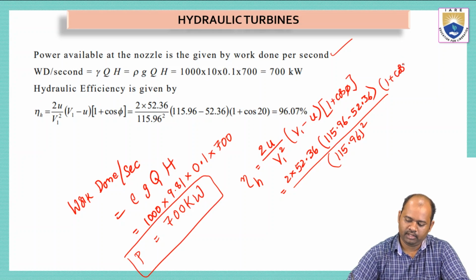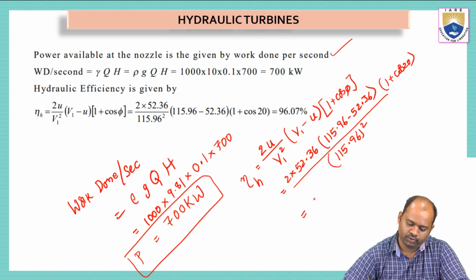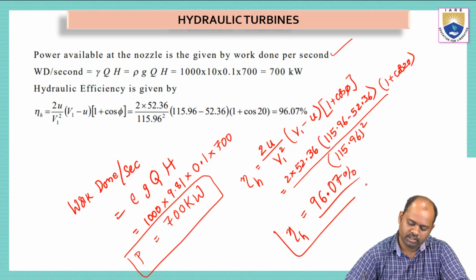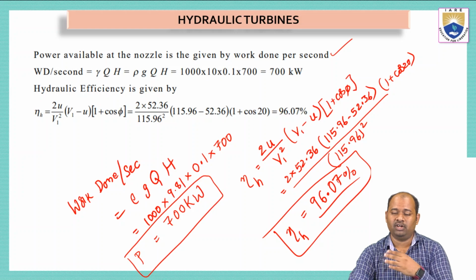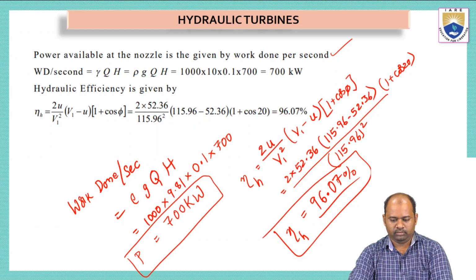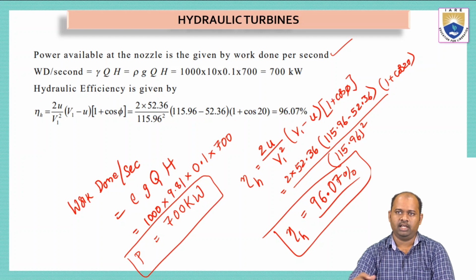So what is phi? It is 20 degrees, given in the question. So this value goes to 96.07%. So the hydraulic efficiency of this turbine is 96%. So 96% of water power is being converted into runner power. Okay, now this is the second question where we have calculated the power as well as hydraulic efficiency.